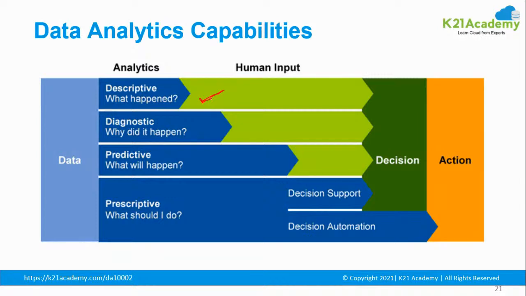The same thing we can define for the next category: diagnostic. Diagnostic means we can understand why it happened in my business, or why did it happen. Let's go into detail. When we drill down into data or identify problems, how can I identify them?